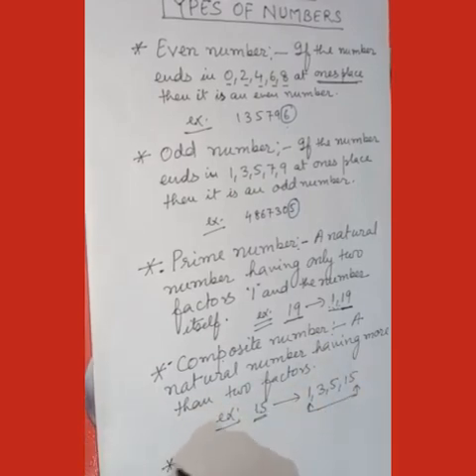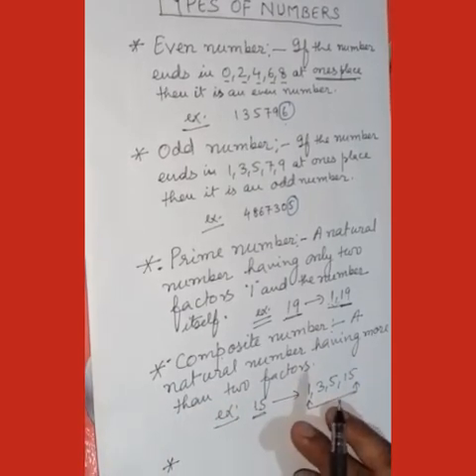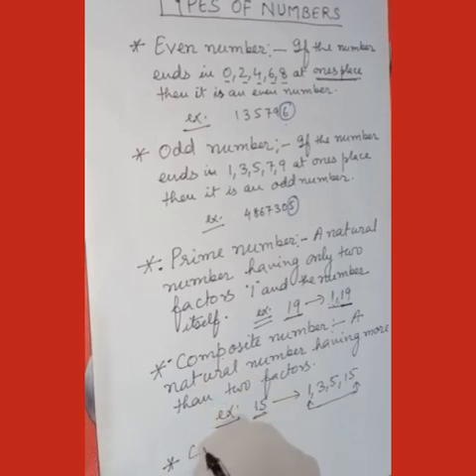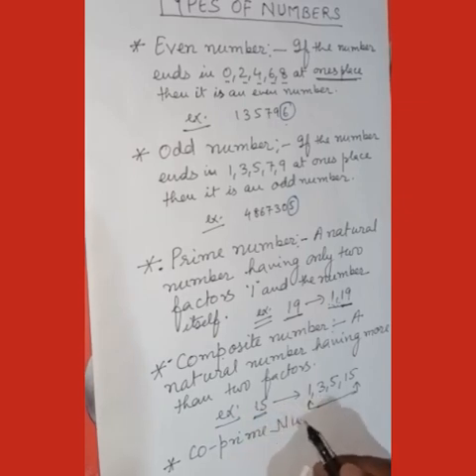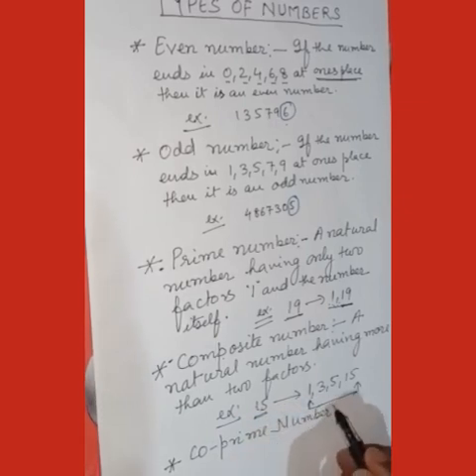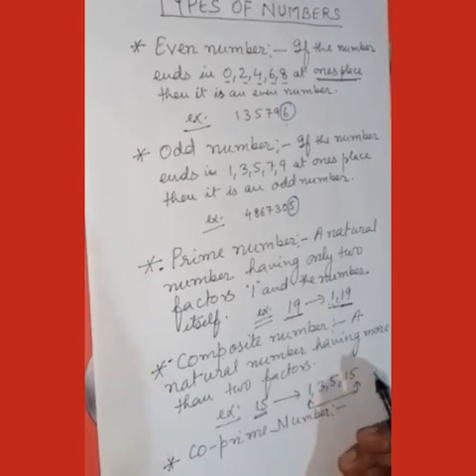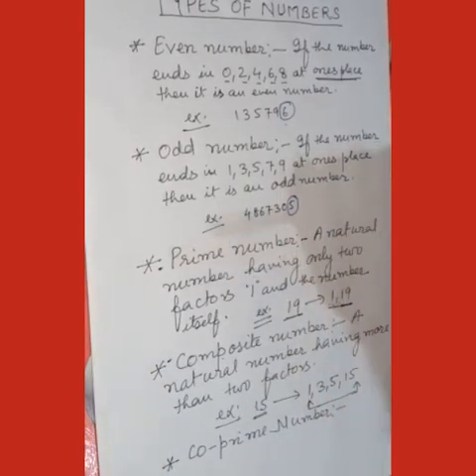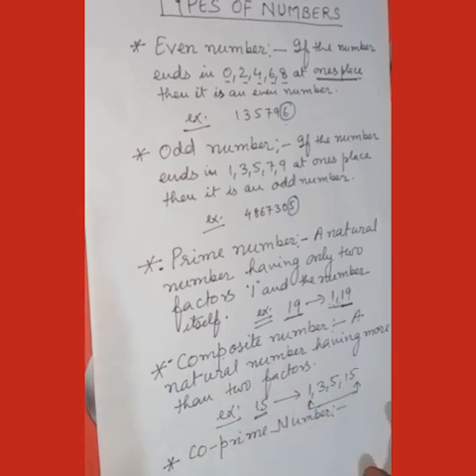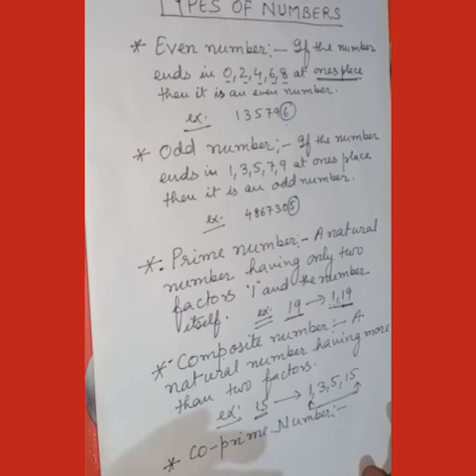Now we will do co-prime. Co-prime number means, in this what we have to see in co-prime. Suppose if you are taking 2 numbers, it is not necessary the number which you are taking should be a prime number.